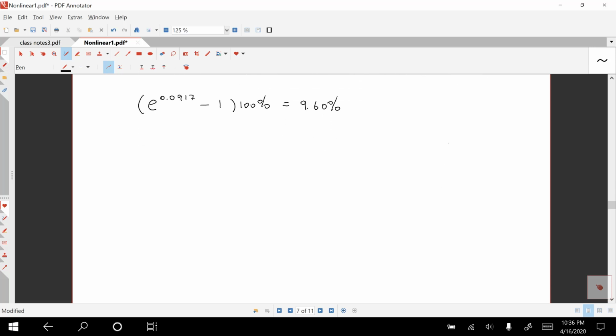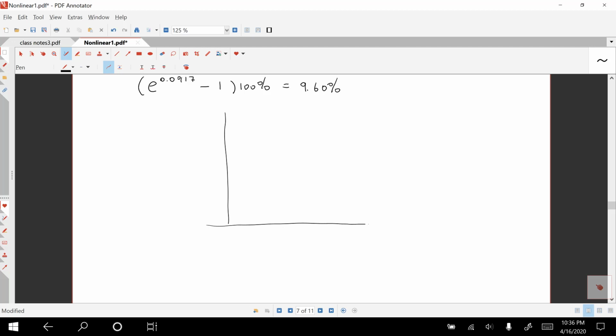Now in terms of the shape, so remember we already know this is positive. So based on those two graphs that I showed you previously, that's the type of relationship that we're estimating, which makes sense.